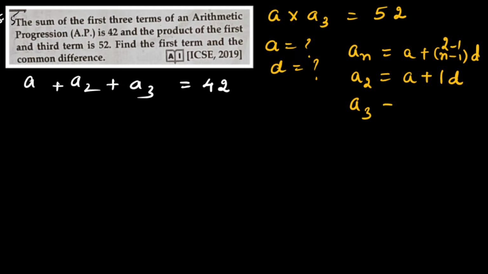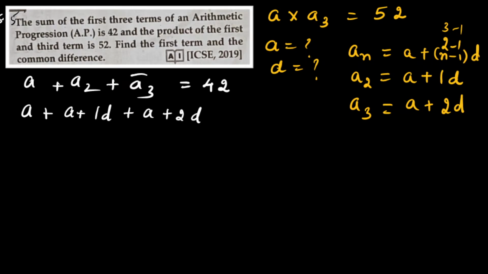Same way, the third term A3 is A plus 3 minus 1, so A plus 2D. So here we can substitute.